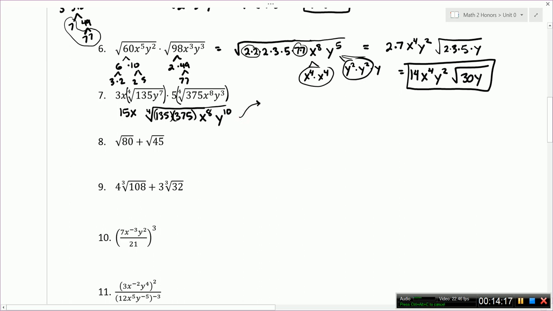So we're working with a fourth root, and when we simplify a fourth root, we're now looking for sets of 4. So we want to factor out these numbers and look for as many sets of 4 as we can.